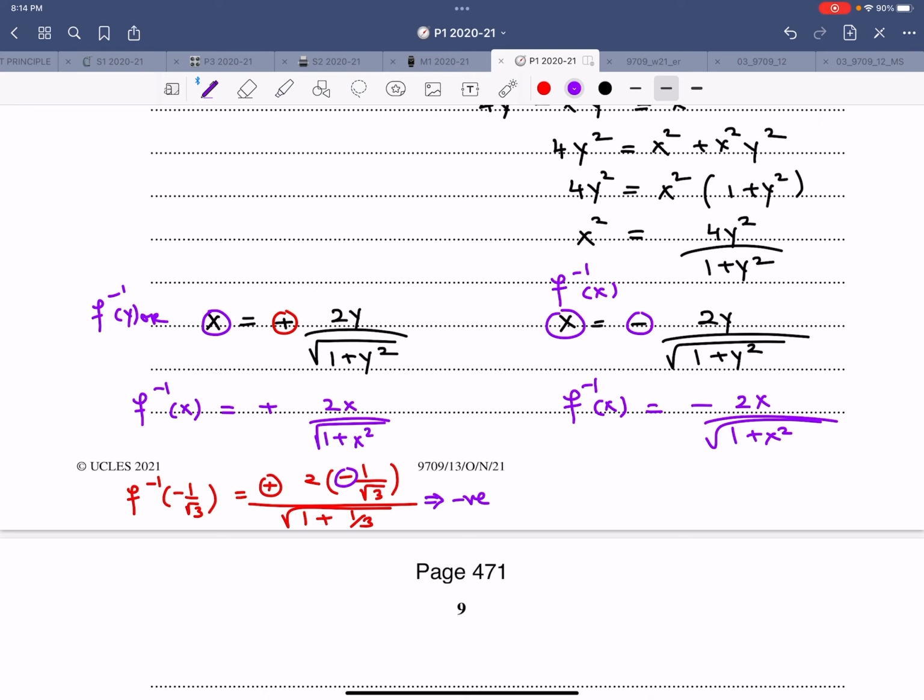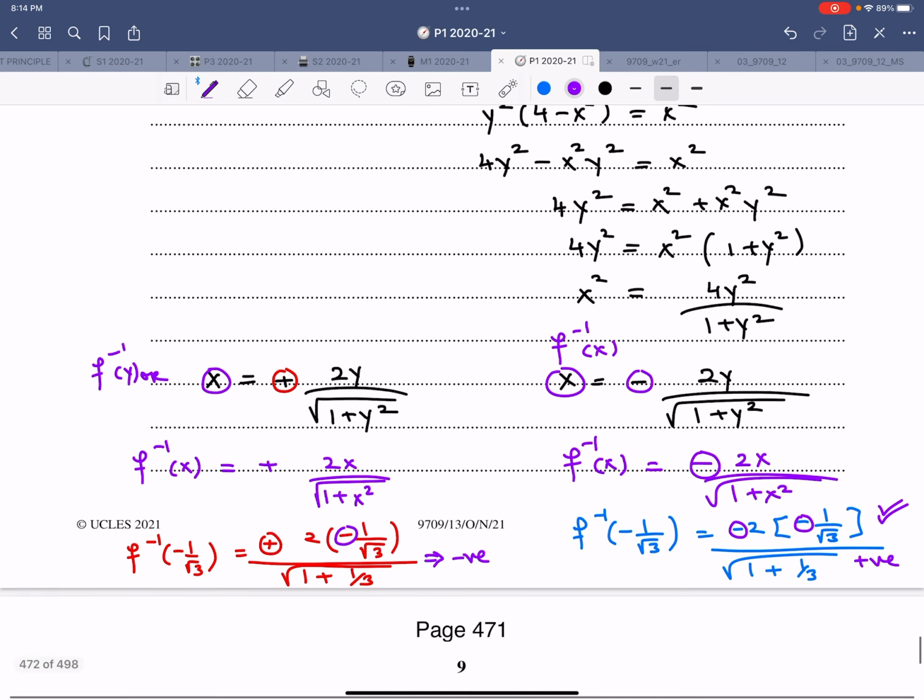So the correct option is this one, f inverse of negative 1 over root 3, that is negative 2 multiplied by negative 1 over root 3, and then in the denominator, square root of 1 plus 1 over 3. So this is positive, this is positive, overall this is positive, so that is the right choice. That means the inverse function has a negative sign.